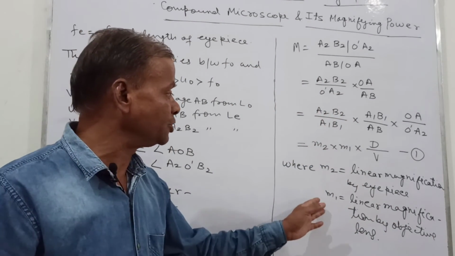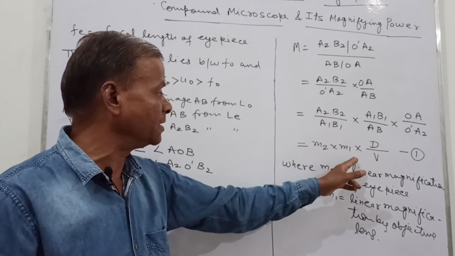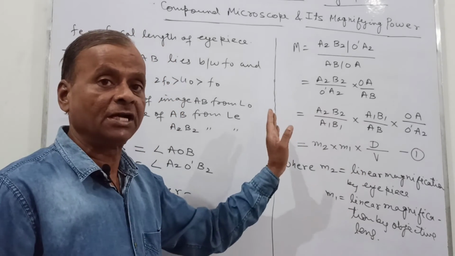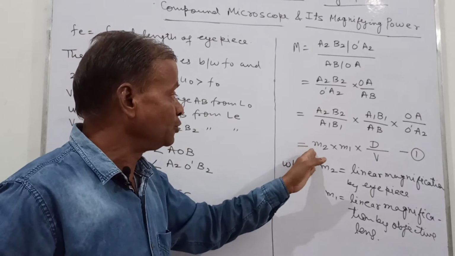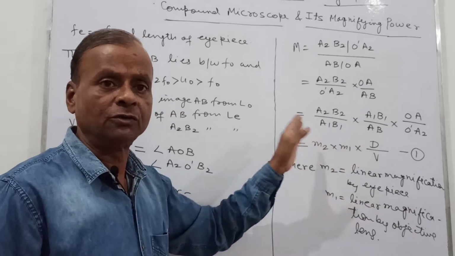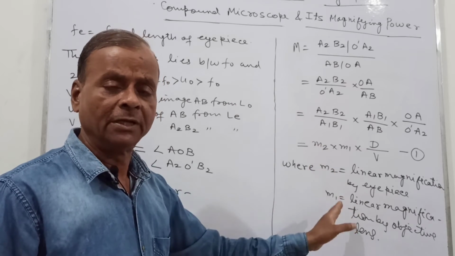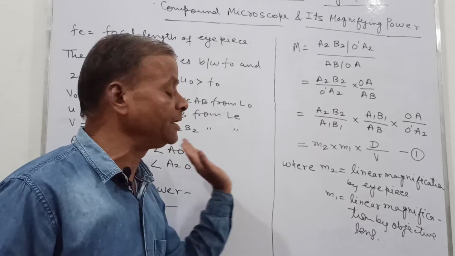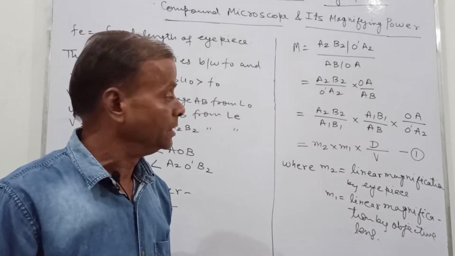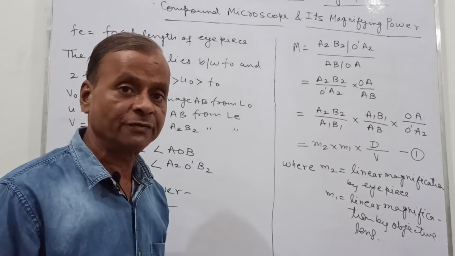So if we have taken two lenses, these are the two linear magnifications. If suppose there are three lenses, four lenses, then we have to multiply M1 into M2 into M3 into M4 into M5 like that. So if we have more than two lenses, then they will be multiplied in this way.